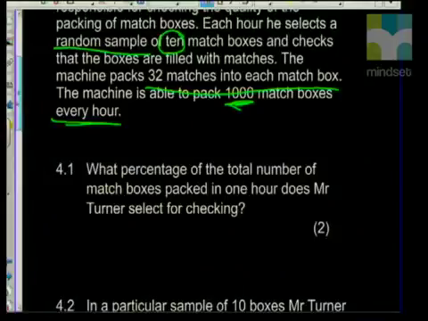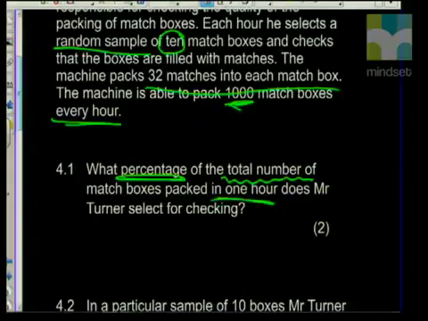Okay, the first one says, what percentage, so that's the keyword, we want an answer in percentages, of the total number of matchboxes packed in 1 hour. So remember, this total number of matchboxes packed in 1 hour is 1,000. Does Mr. Turner select for checking?